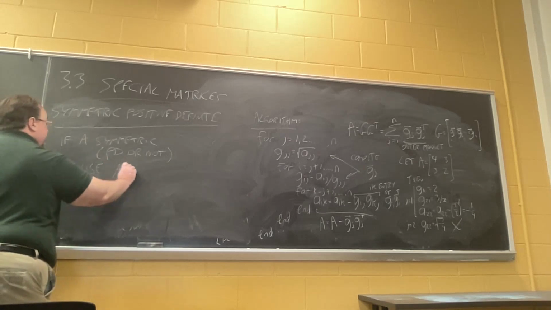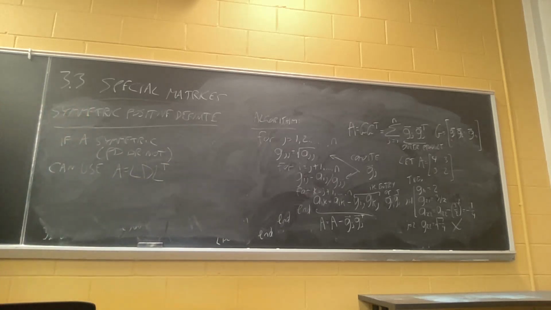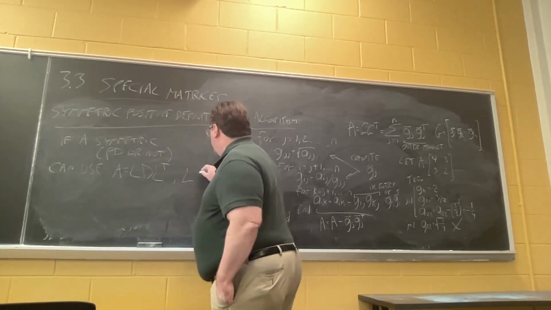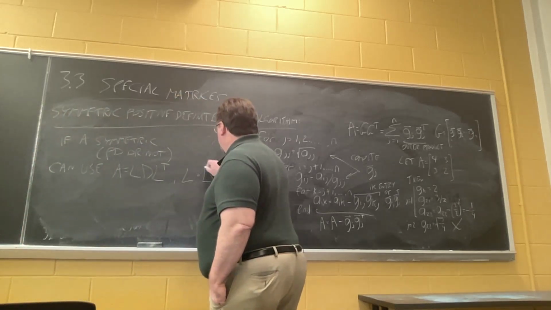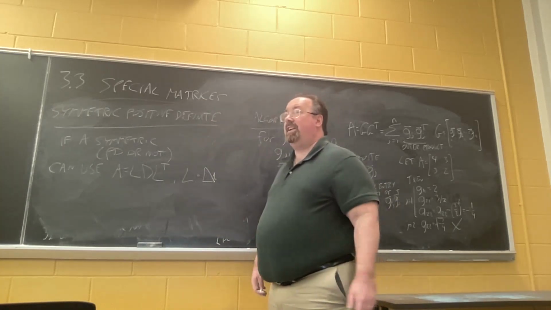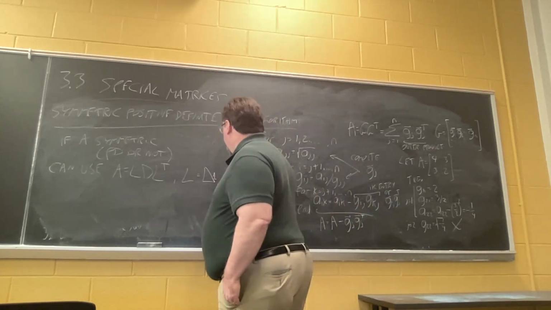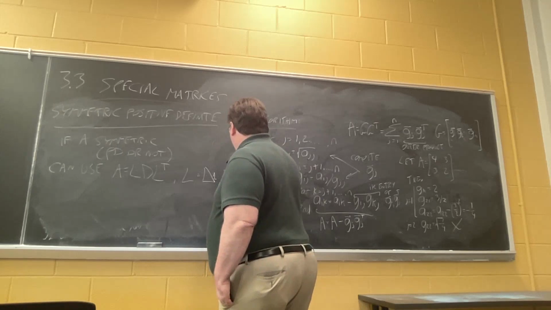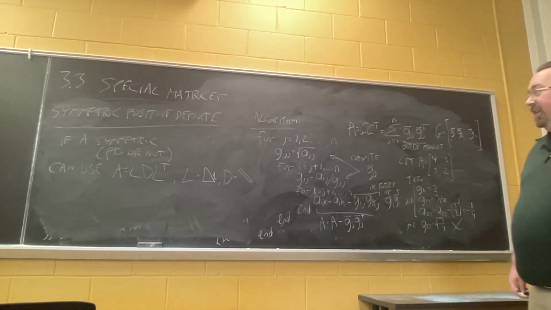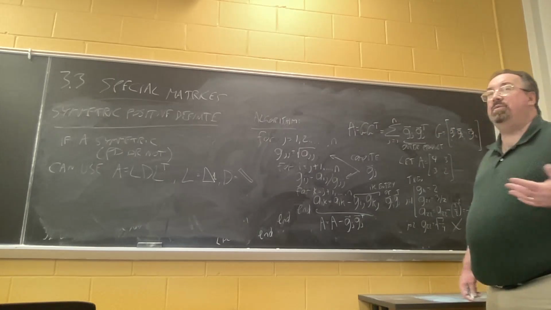Use this factorization: A is equal to L D L transpose, referred to as the LDLT factorization, where L is unit lower triangular, just like the L from Gauss elimination. In fact, it literally is the L from Gauss elimination. And D is a diagonal matrix that ought to have all non-zero diagonal entries. So you can think of D times L transpose as being like the U.